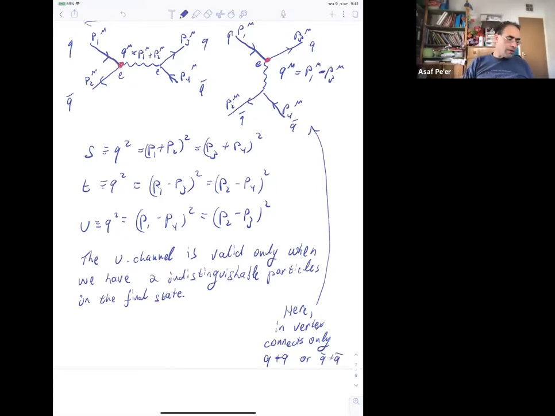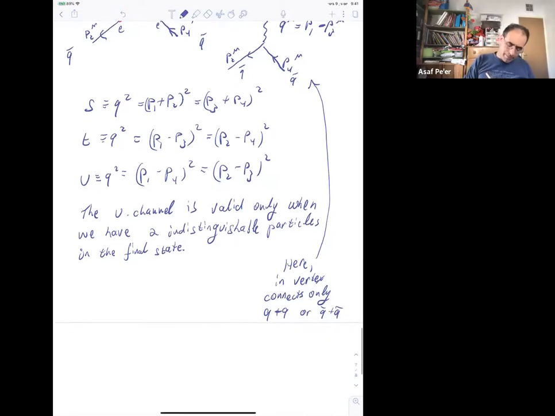But if we look at the scattering process of two electrons, so e minus e minus goes to e minus e minus, then we must consider both options.